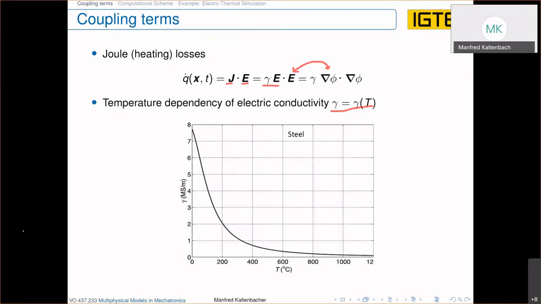So what we also see here is that this coupling makes, even if we model the heat as well as the electric flow equation as linear partial differential equations, the coupling inherently nonlinear.